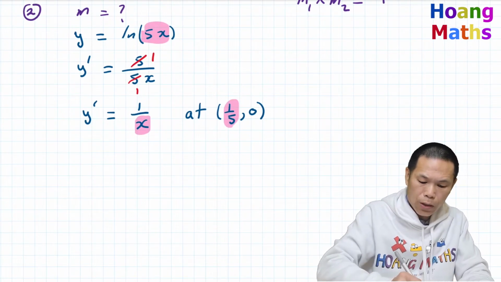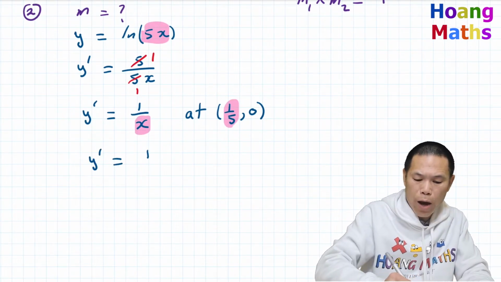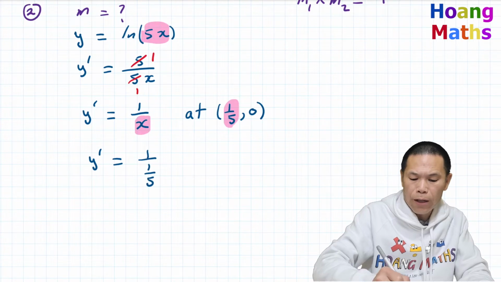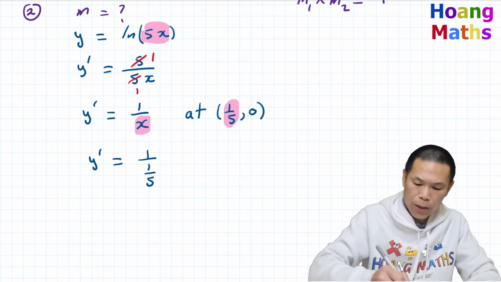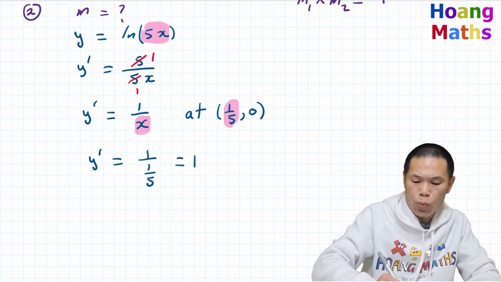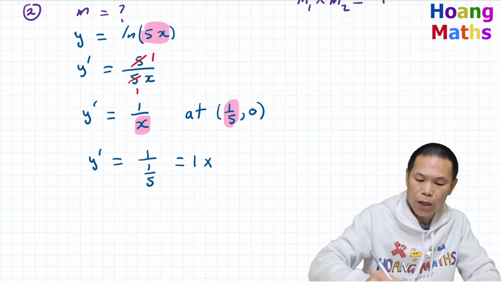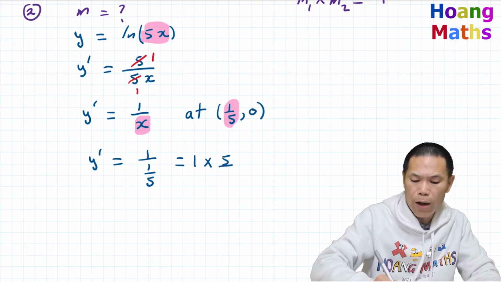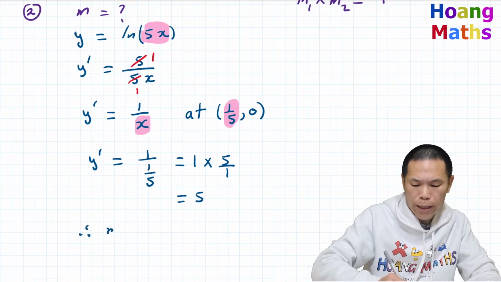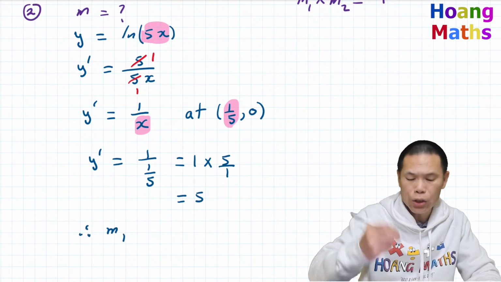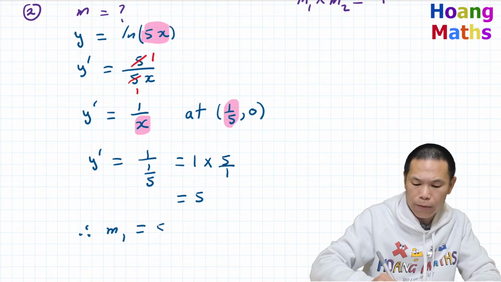So y dash will give me 1 divided by 1/5. That is exactly the same as 1 times, we flip the fraction, 5 over 1. So the answer is 5. Therefore, the gradient of the tangent, m1, is 5.